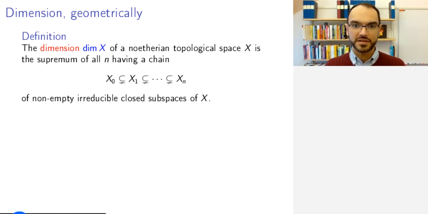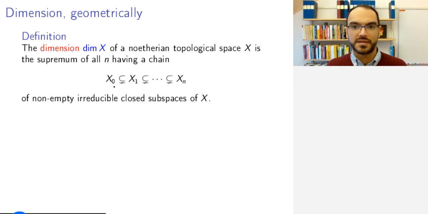So we start with any Noetherian topological space X. We define the dimension of X to be the supremum of the lengths of the chains of non-empty, irreducible, closed subspaces of X. Subspaces, of course, in the sense of topological subspaces.